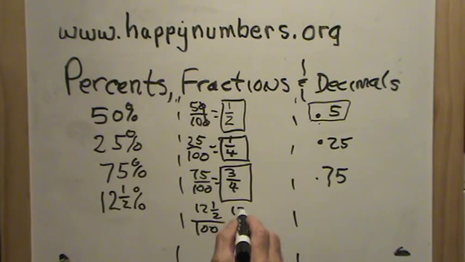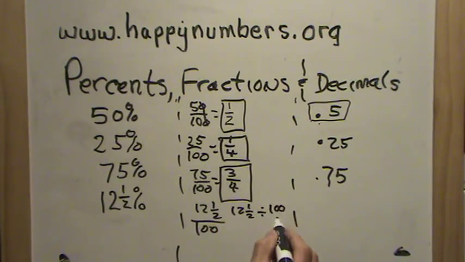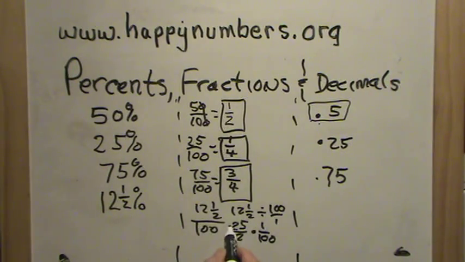So we get 12 and 1/2 divided by 100 over 1, or we'll change this to a mixed number. 2 times 12 is 24, and 1 is 25 halves. And since it's division of fractions, we have to turn the problem upside down. Times 1 over 100.